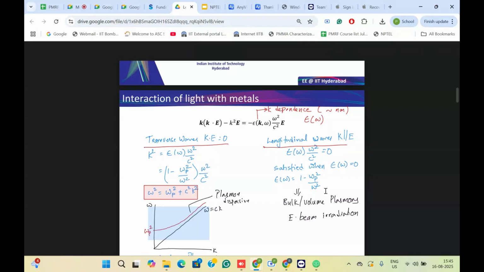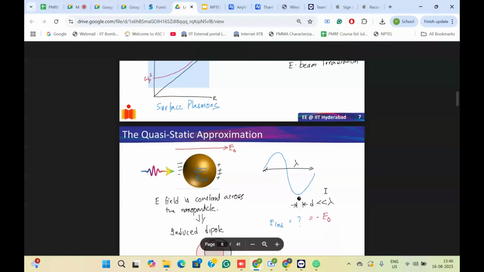The interesting thing is that we have longitudinal waves and they can't couple to regular electromagnetic waves. If I am incident with light, we cannot excite a bulk plasmon since the incident electromagnetic wave is transverse. But we can excite bulk plasmons with E-beam radiation.